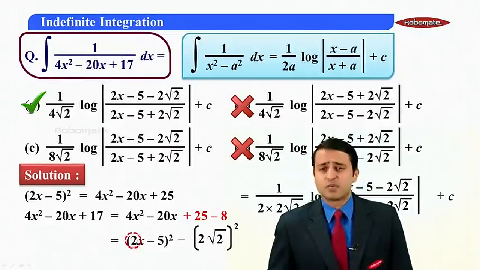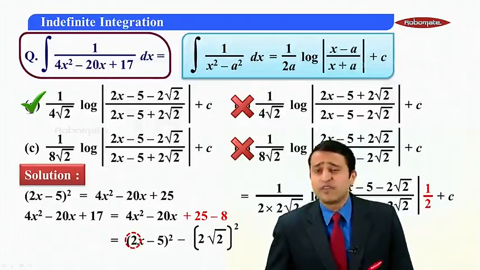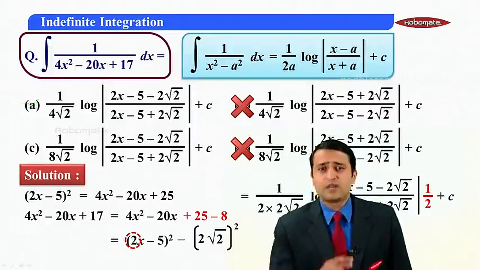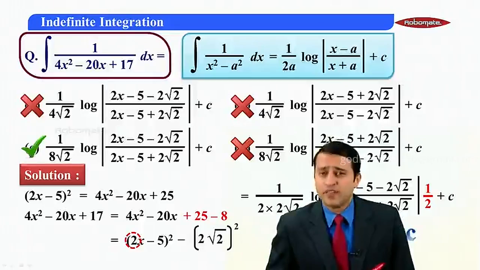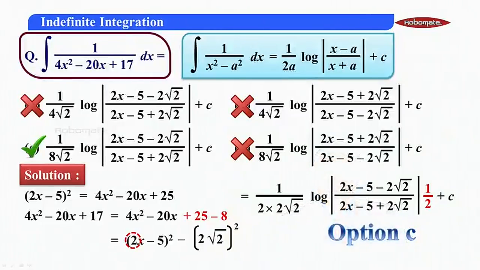In this case, what I am supposed to do is observe, coefficient of x is 2, so I need to divide by 2, and therefore instead of 1 upon 4 root 2, I get 1 upon 8 root 2. That is option C is the correct answer. Is that okay my dear students?